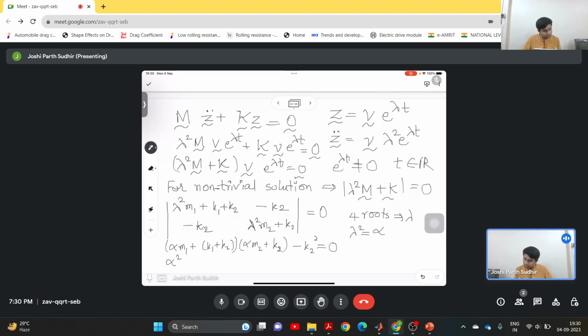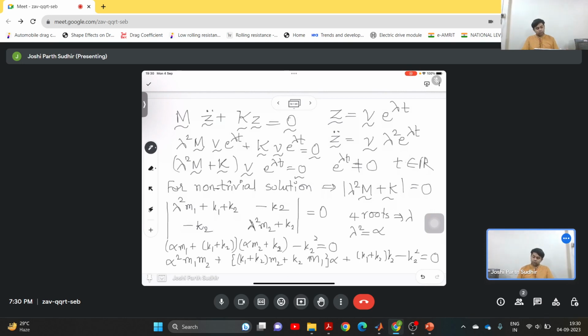Therefore we will get alpha square m1 m2 plus k1 plus k2 into m2 plus k2 into m1, times alpha, plus k1 plus k2 into k2 minus k2 square is equal to 0.